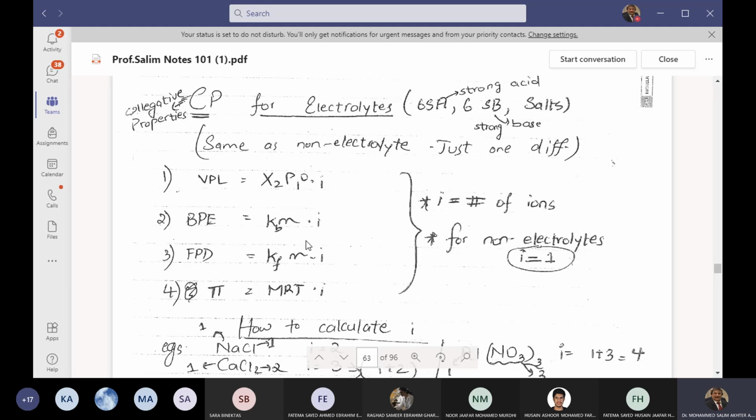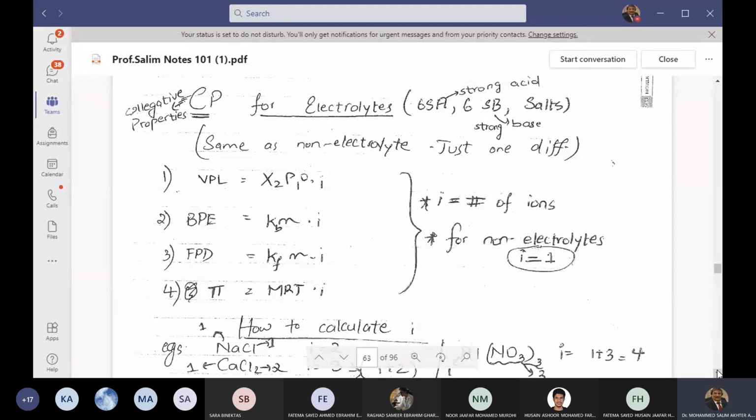For electrolytes, we are going to use this equation for i. i is the number of ions. What are electrolytes? Six strong acids, six strong bases, and salts.